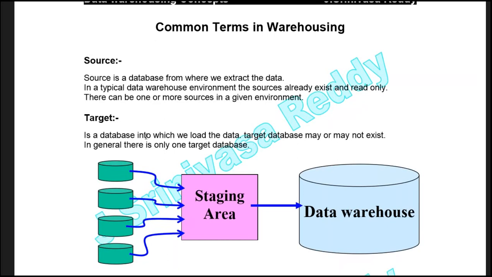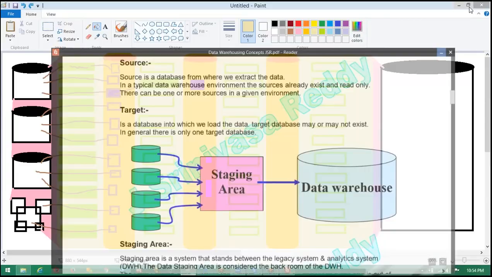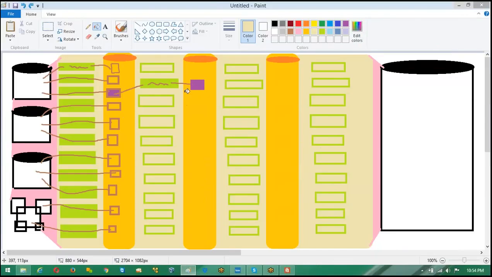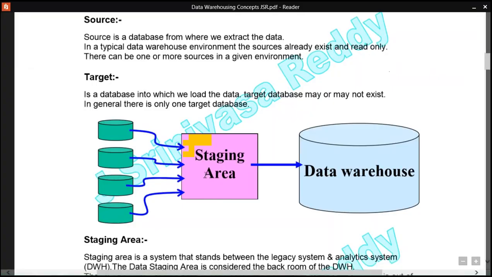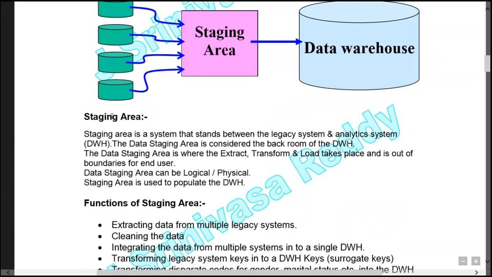Mm-hmm. Yes. This is what is source, what is target. So as per this diagram, these are the sources, data warehouse is the target, at the middle you have staging area, right? Already you understand how the staging areas are level by level processes. Then you have to understand what is staging area, okay?